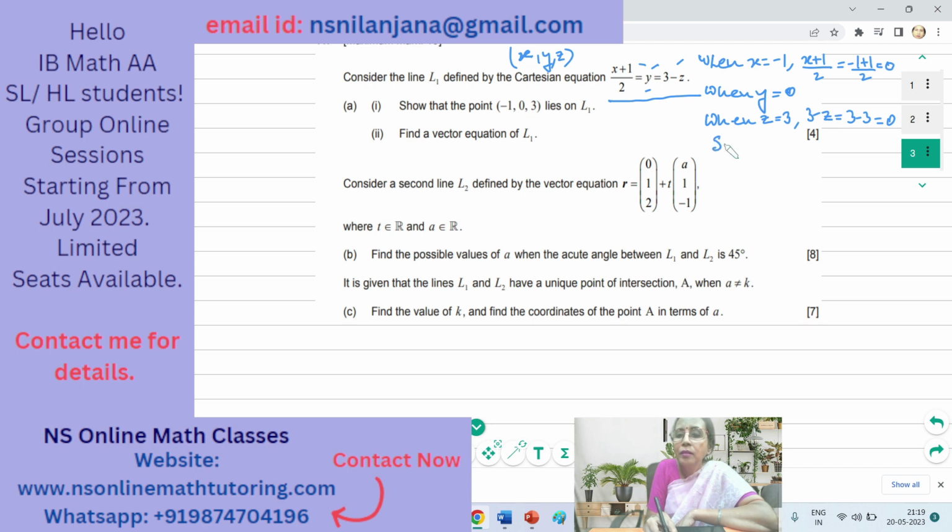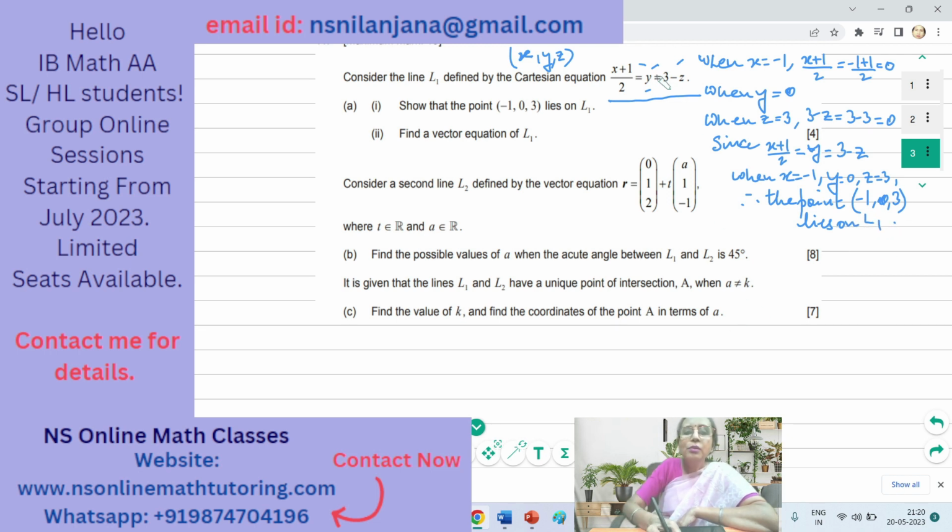Since x plus 1 over 2 equal to y equal to 3 minus z, when x equal to -1, y equal to 0, and z equal to 3, therefore the point -1, 0, 3 lies on L1.